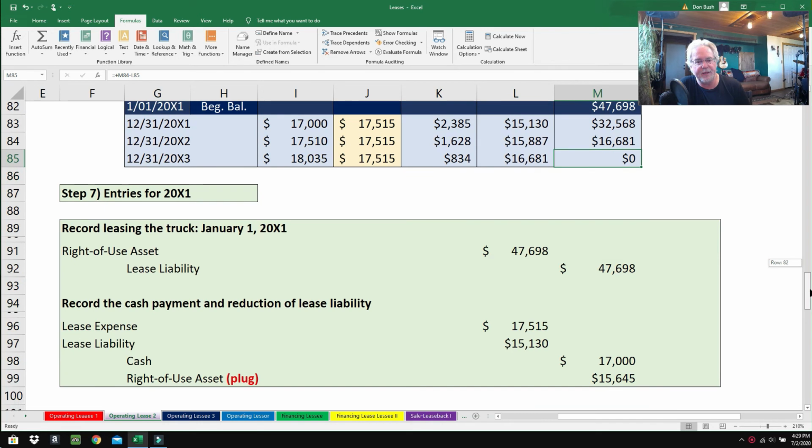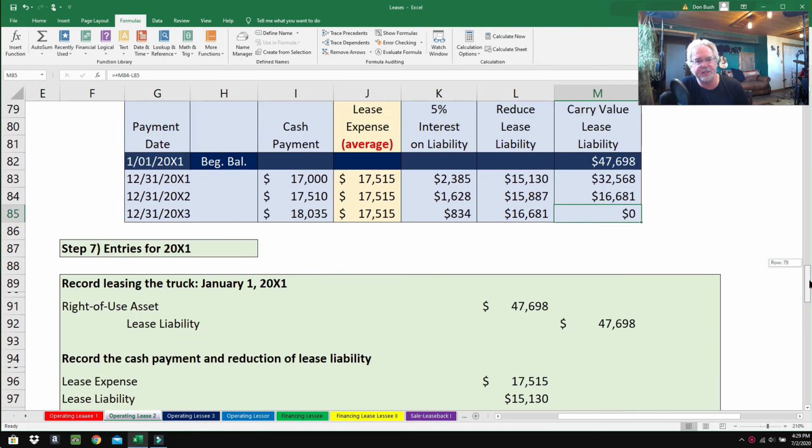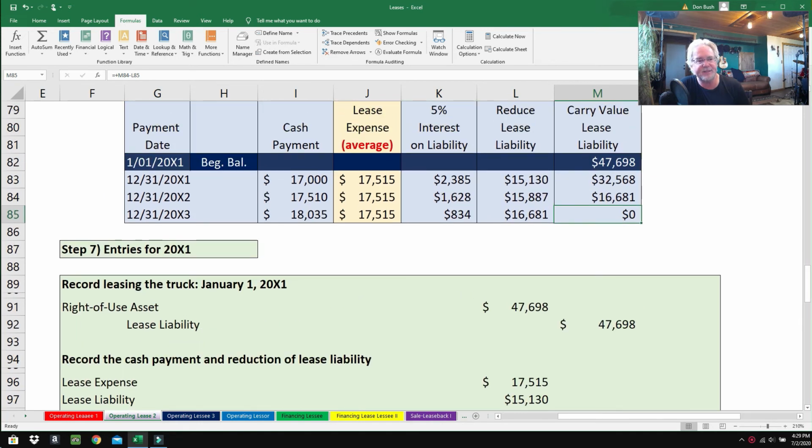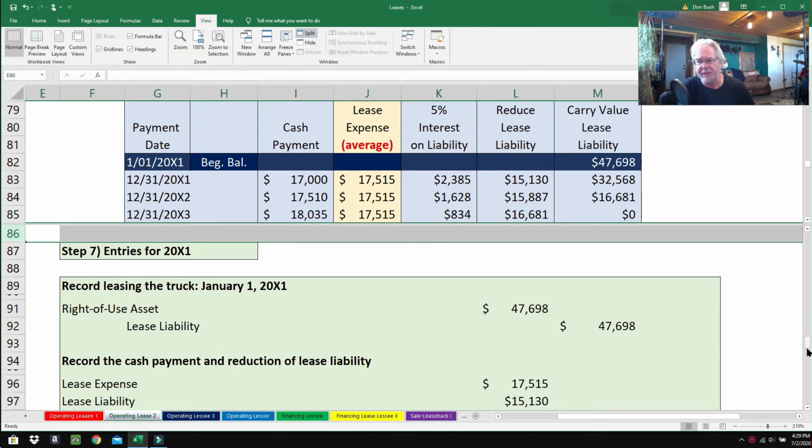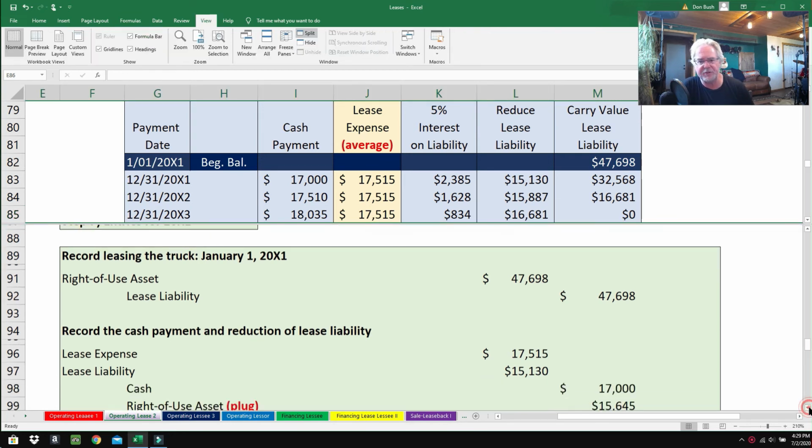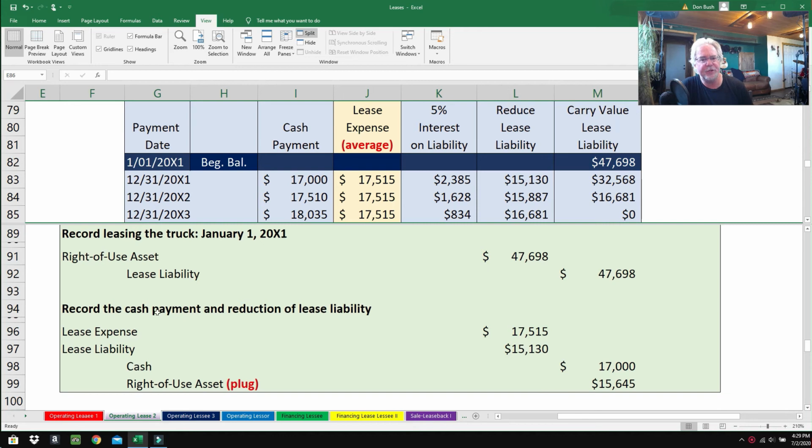So coming down here are the journal entries. I'm going to split the screen so we can see the journal entries a little bit better. So here's the first journal entry, folks. Recording the lease of the truck. So on January 1st, 2001, look at this, it's the beginning balance, 47,698, 47,698.